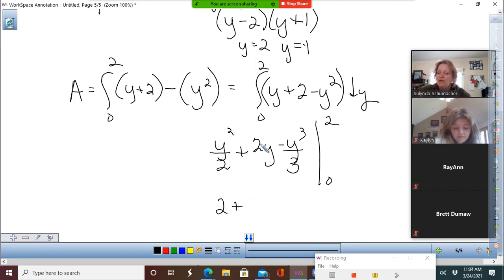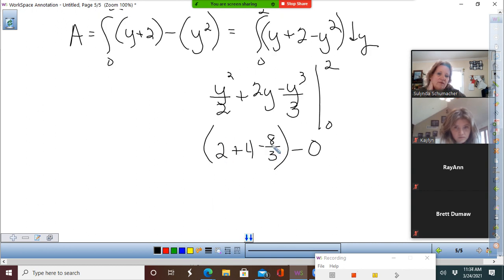Plus 2 times 2, this is 4. And then plugging that in, that's -8/3. My first one, minus. Now, if I plug in 0, I just get 0, because they all have y's in them.